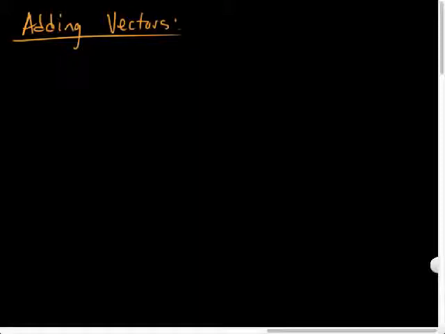Now when I add two vectors, what do I expect to get in return? Turns out we'll get another vector. Okay? So this first technique is called the parallelogram method. All right. And the parallelogram method is quite cool.